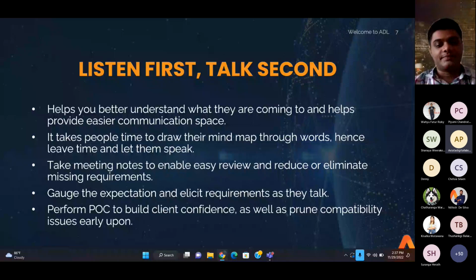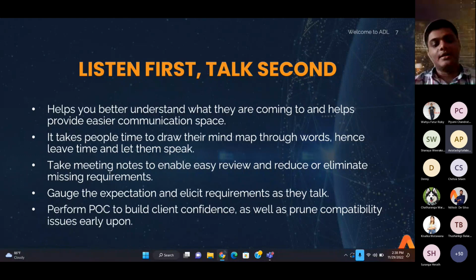Gauge the expectation. You would be in a position, with experience, to gauge the expectation and elicit the requirements as they talk. Based on their talking patterns and their style, you would be able to understand what they are expecting. But once you gauge it, you should provide the solution. Don't just take it as assumptions, as assumptions and presumptions won't work.